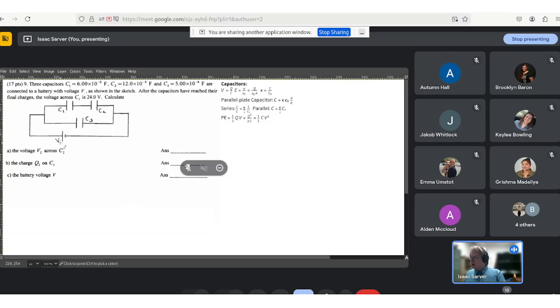The battery here will put out positive charges this way, and put out negative charges over here. And so what's going to happen is that positive charges are going to pile up on this side, and minus charges are going to pile up on this side. Well, these minus charges came from somewhere.